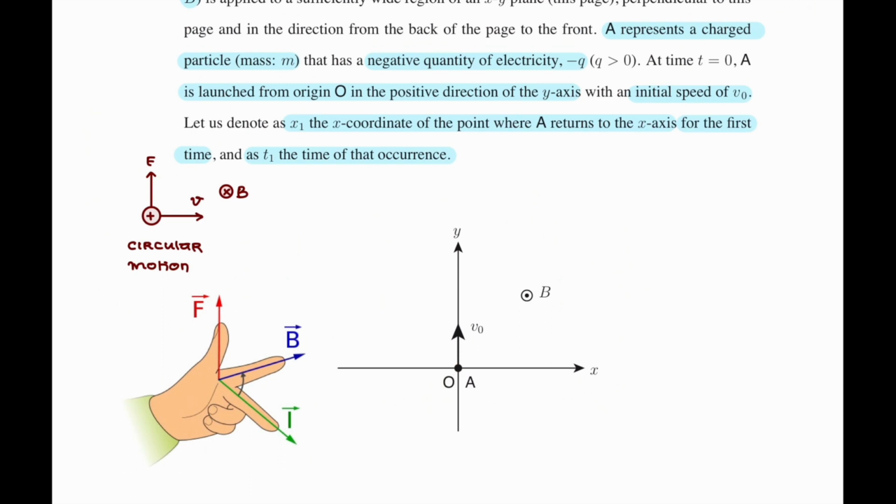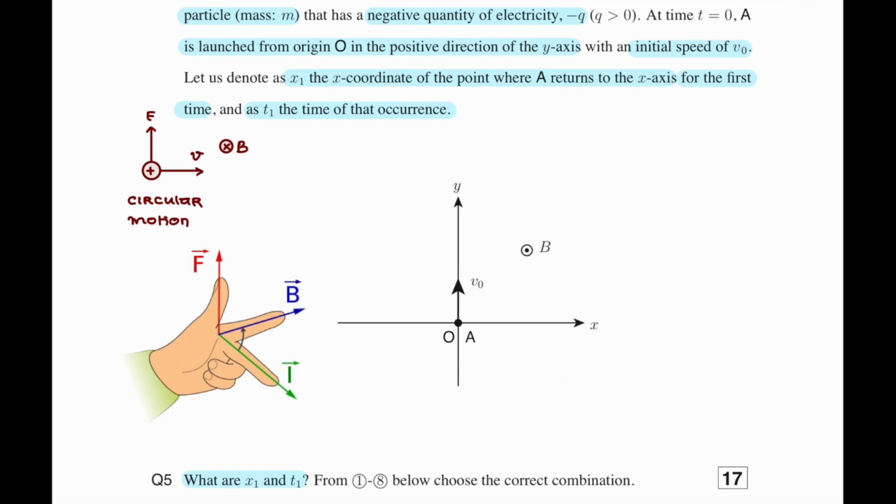That's why it will return to the x-axis. Either it will move clockwise, or anti-clockwise, depending on the direction of force. To find the direction of force acting on this particle, we can use Fleming's left hand rule.